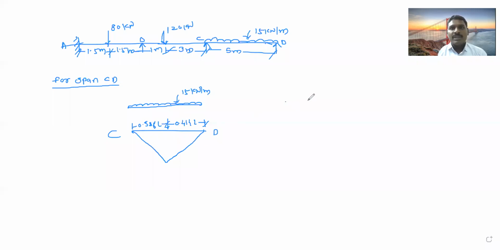If you solve many examples with an intensity like this 15 kilonewton, the load acts at the center always, correct? 15 into 5, the 75 load acts where? At the center, correct? But here, this load will act from the continuous support. C is the continuous support, at 0.586 L from it, and from the end support at 0.414 L. L is here 5.